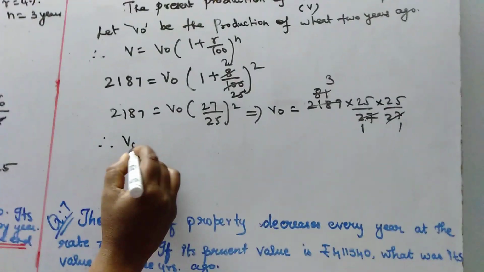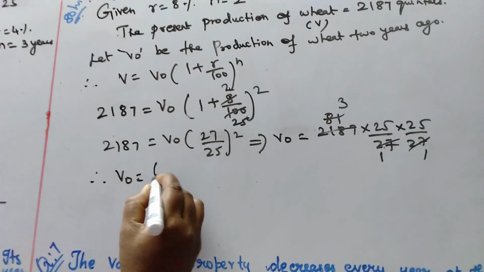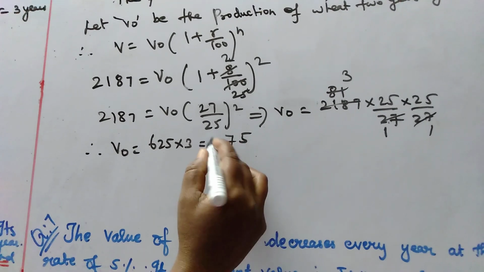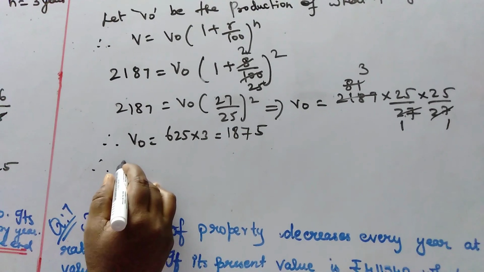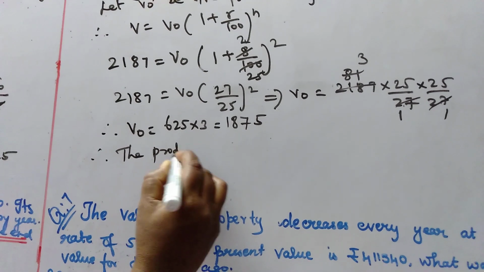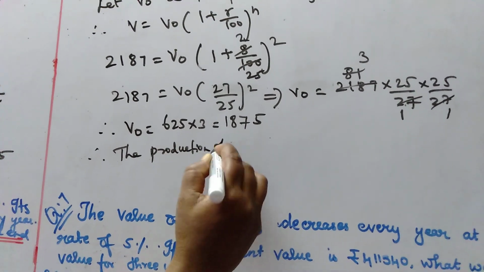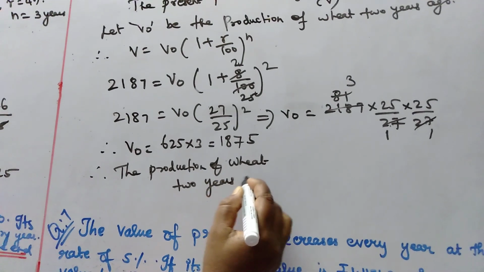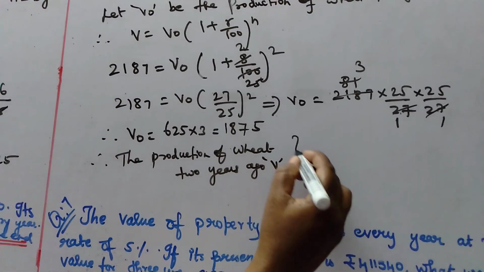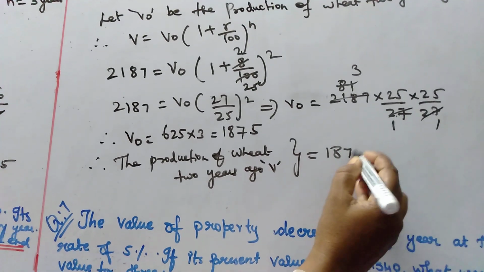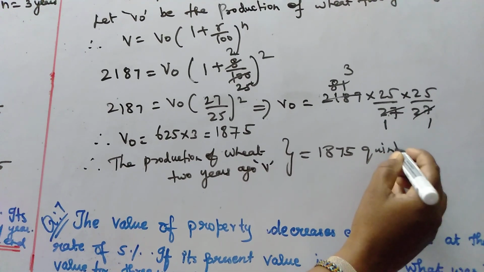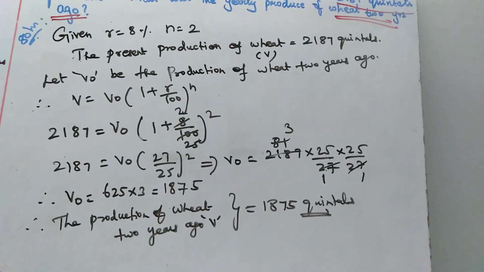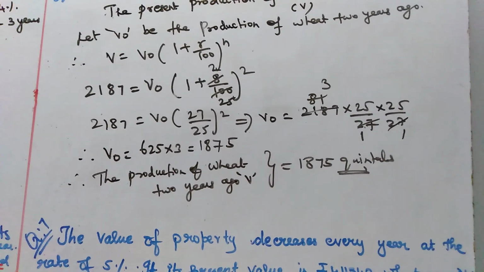So therefore V naught equals 25 into 25, which is 625, into 3, which is 1875. So the production of wheat 2 years ago is 1875 quintals. The symbol is most important, which is already written here. So this is the production of wheat 2 years ago, right?